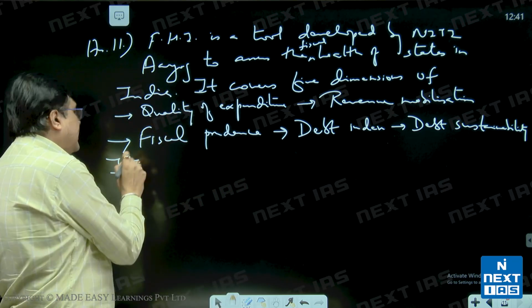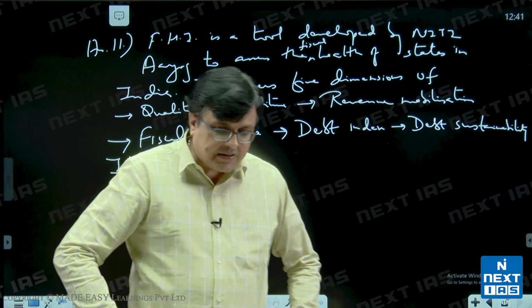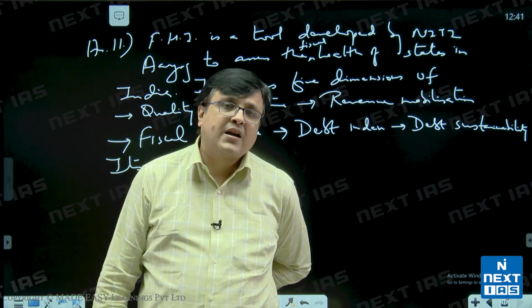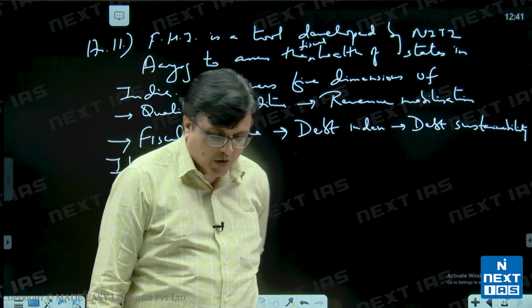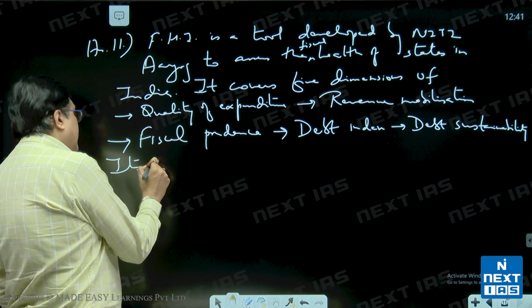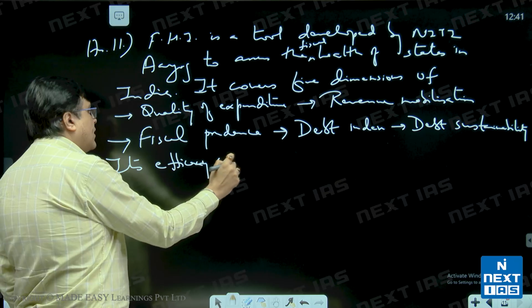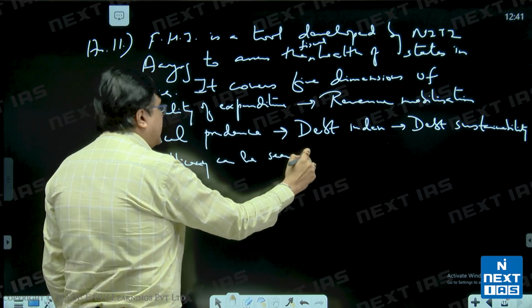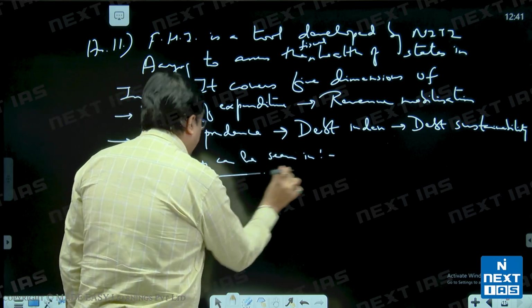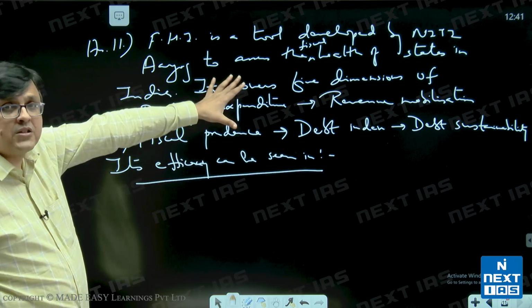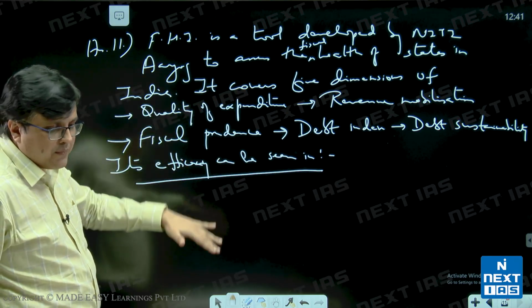Now the question was what is the efficacy for assessing the fiscal performance and how will it encourage states to adopt prudent policies. So its efficacy can be seen in, again you write an introduction in around 20 to 25 words, and then you come to efficacy.